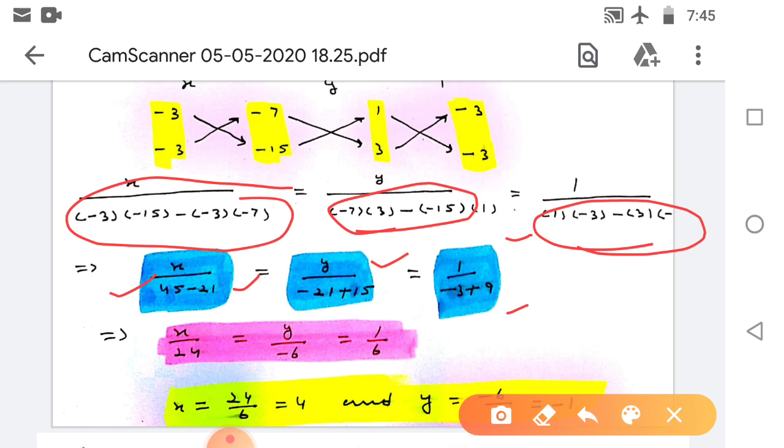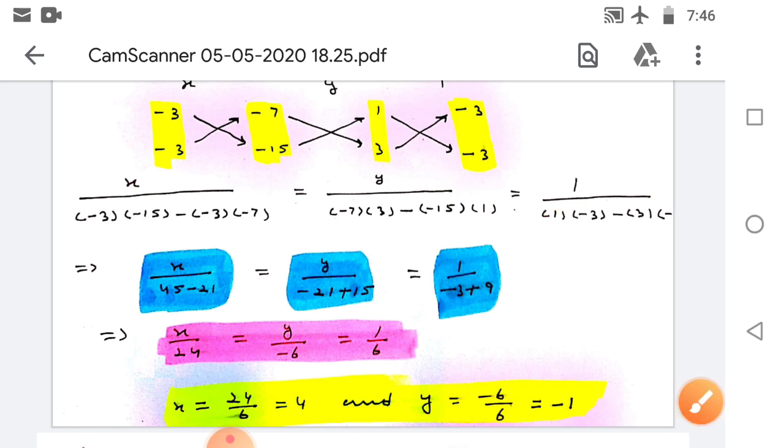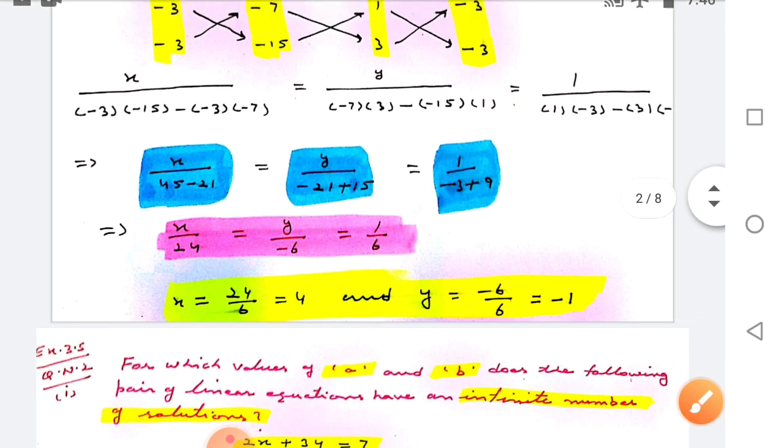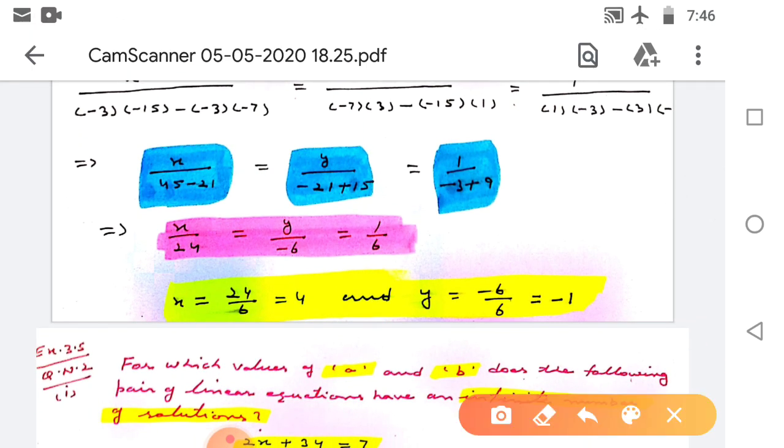Right? Now we get x upon 24 is equal to y upon minus 6 is equal to 1 upon 6. Clear? So x is equal to 24 by 6 is 4, and y is equal to minus 6 upon 6 is minus 1. How? Look. This is x upon 24 is equal to 1 upon 6, taking first and third equalities.